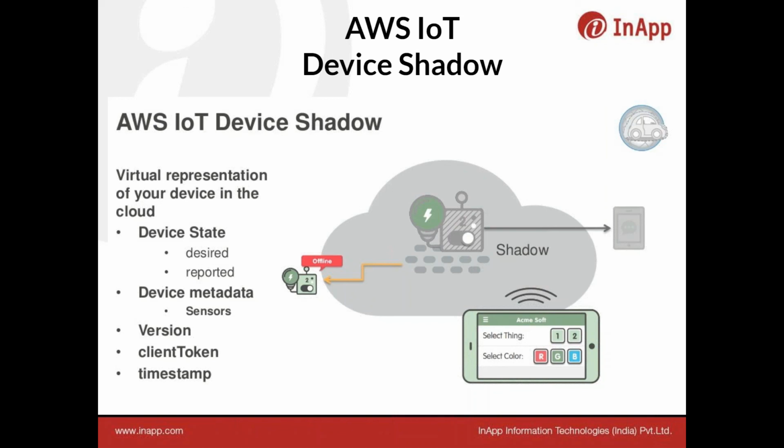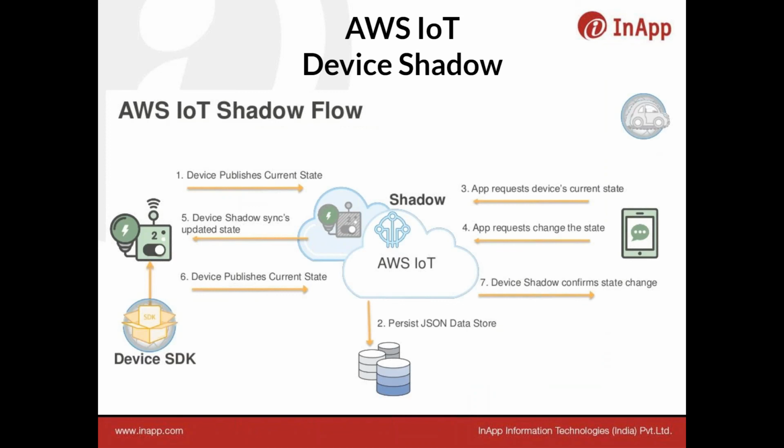There is a desired state and reported state. Desired state is what kind of state is desired on that system. So some mobile application somewhere wants to change the color of the LED on the device to red. It will change the desired state to red, and once that action happens, devices report back in the reported state.